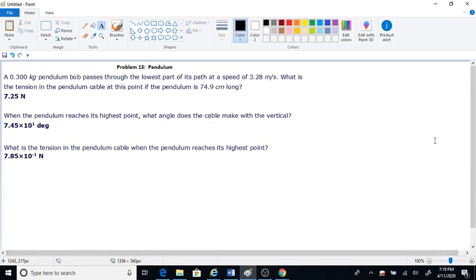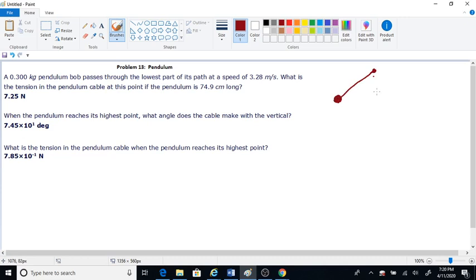All right, this is problem 13, and it is the pendulum. We have a pendulum coming down here.